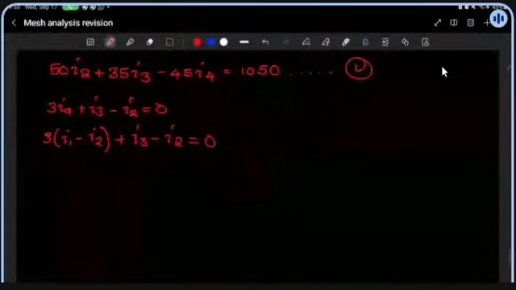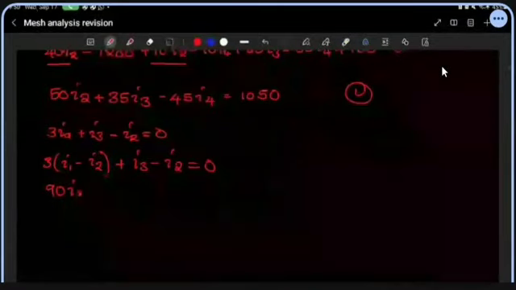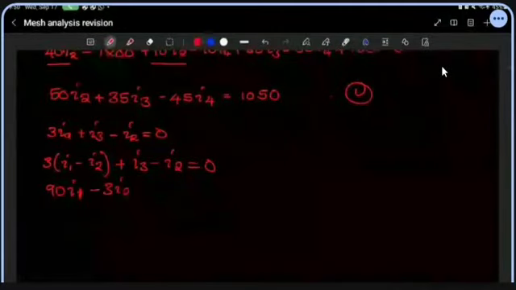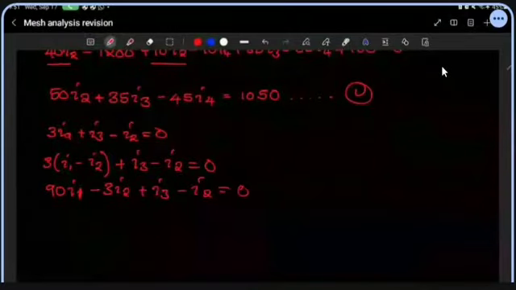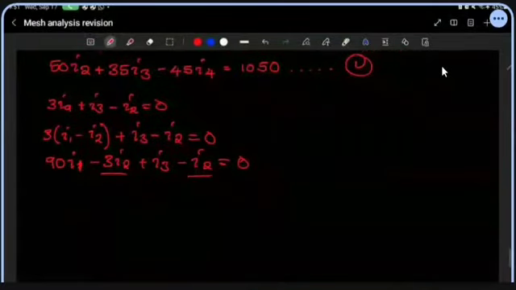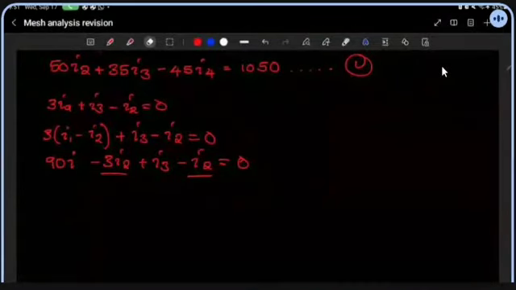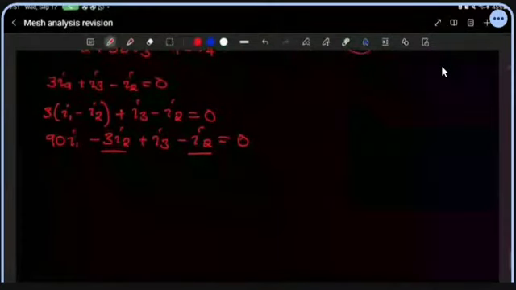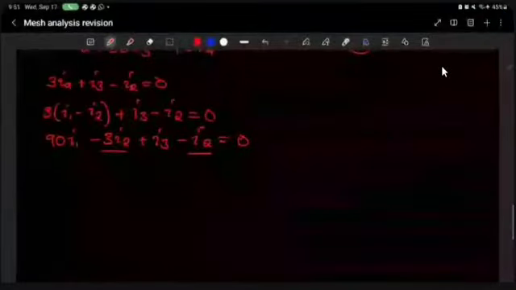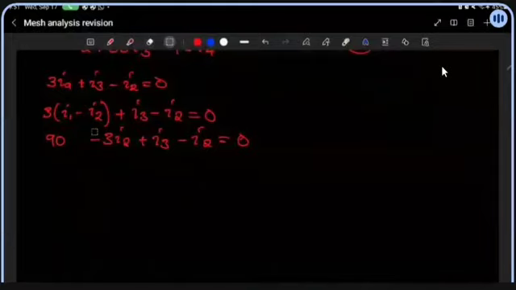So where there's I1, remember, I1 is 30, so it will be 3 by 30. Then minus 3I2 plus I3 minus I2. We have already replaced it, so no need to keep it there.